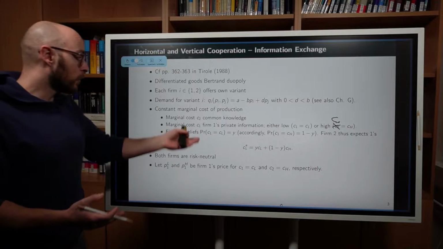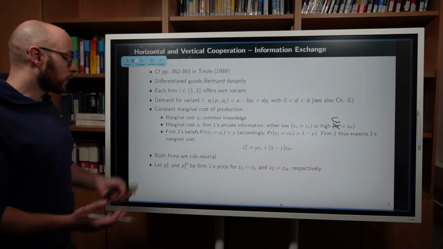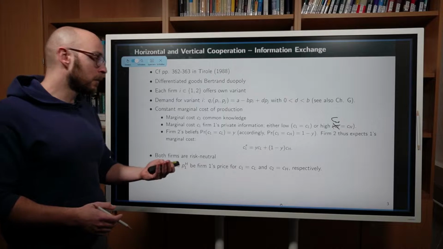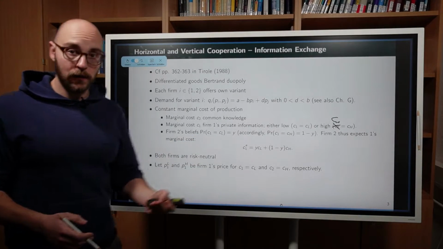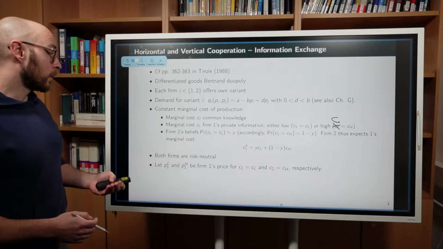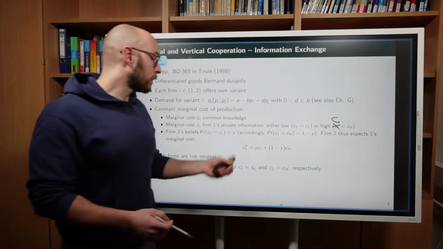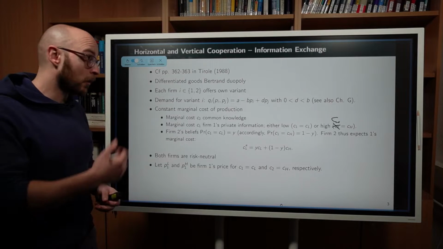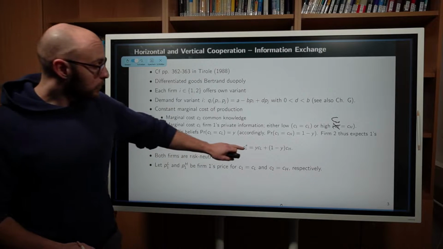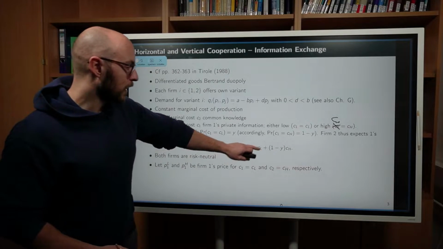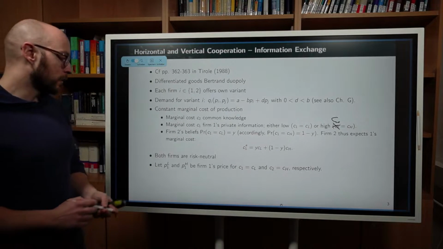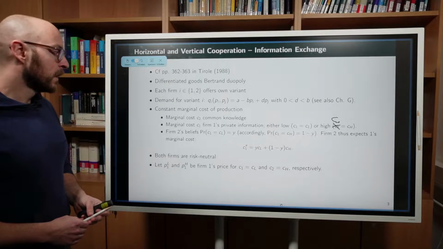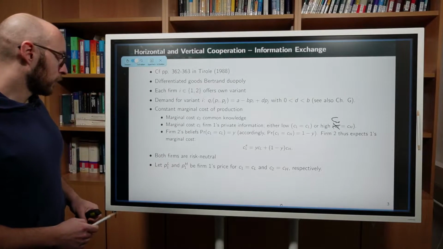So for instance, if y is 0.3, then firm 2 would believe that firm 1 has low cost with 30% probability and high cost with 70% probability, right? And based on this, we could formulate expected marginal costs that firm 2 expects firm 1 to have. And this could be formulated like this, so y times CL plus 1 minus y times CH. So it's basically a weighted average of the marginal cost here based on the beliefs of firm 2.